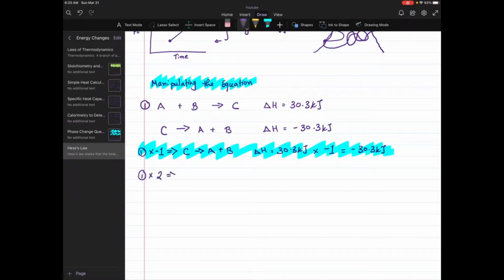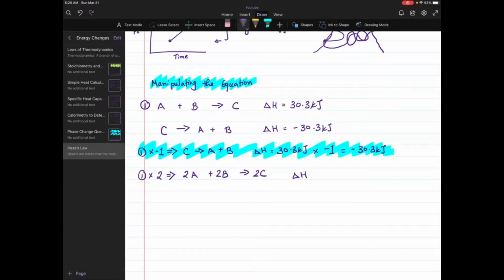And what that does is it makes my equation 2A plus 2B forms 2C, because every coefficient was multiplied by 2. Since everything has been doubled, the delta H is also doubled.